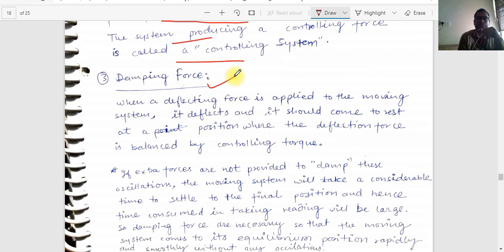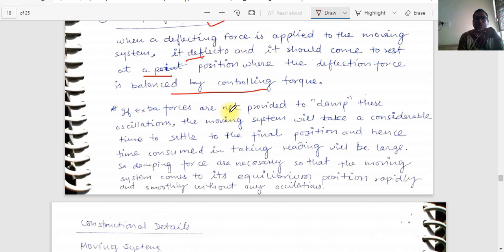What are the damping forces? When a deflecting force is applied to a moving system, it deflects and it should come to rest at a position where the deflecting force is balanced by the controlling force.